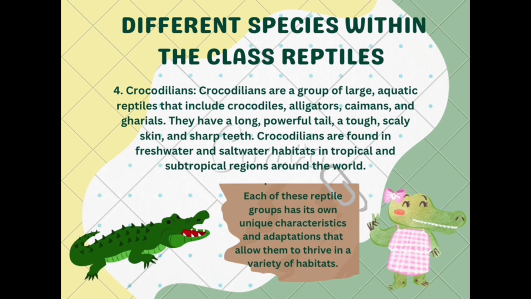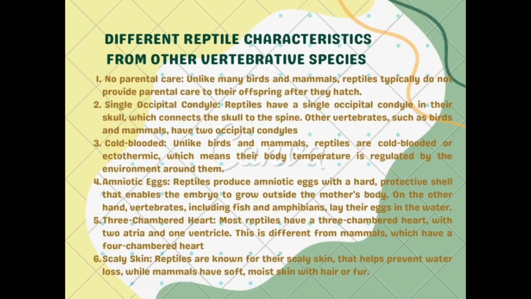Crocodilians are found in freshwater and saltwater habitats in tropical and subtropical regions around the world. Each of these reptile groups has its own unique characteristics and adaptations that allow them to thrive in a variety of habitats.